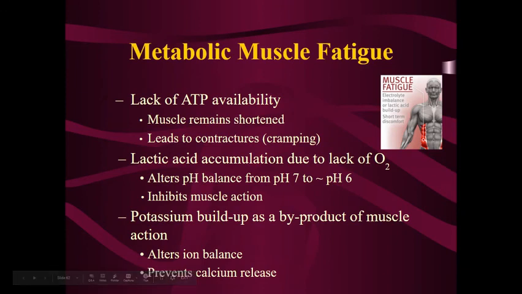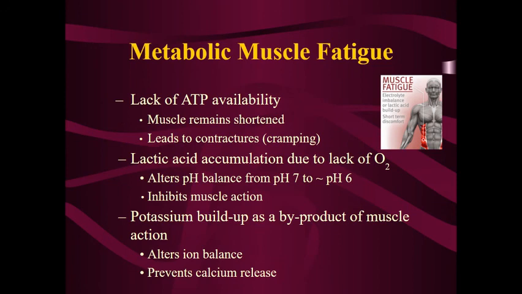So, lack of ATP availability, this is, as we talked about, kind of with rigor mortis, where the muscle remains shortened, but that ATP is not available to break those cross bridges. And so it leads to contractures or cramping. Lactic acid accumulation due to lack of oxygen.